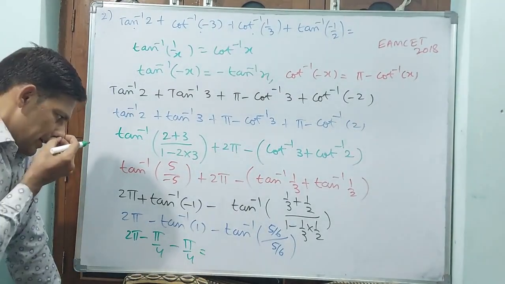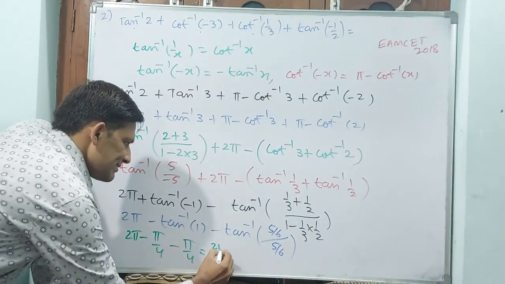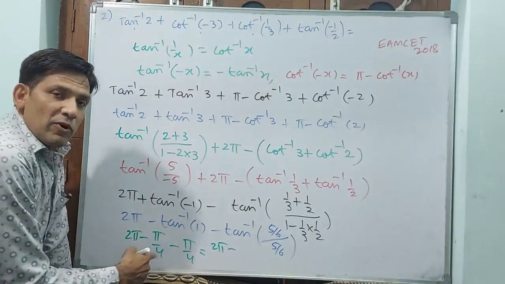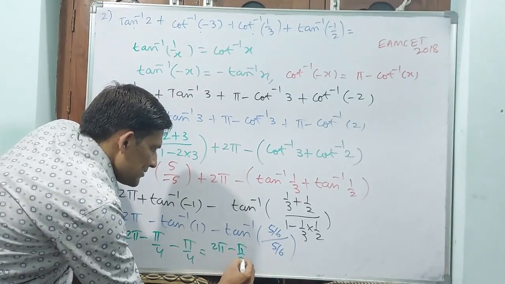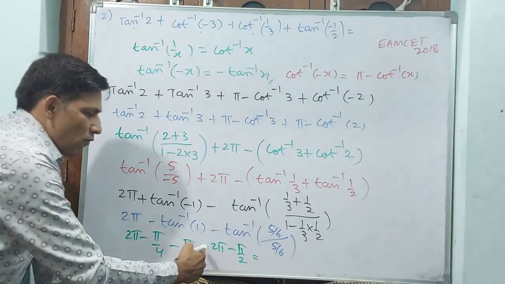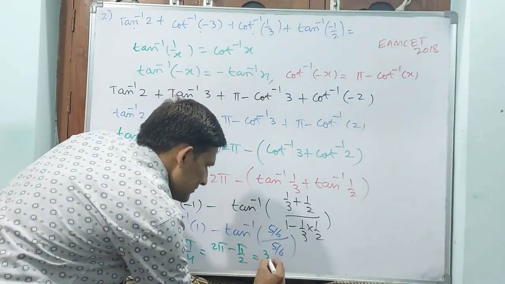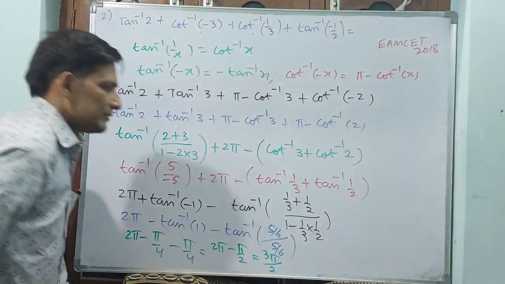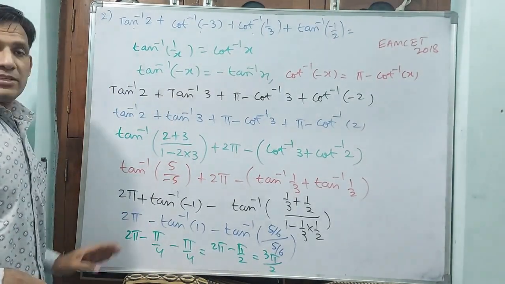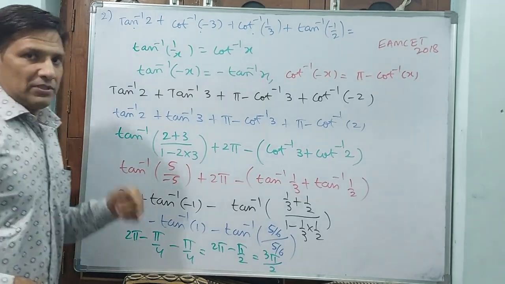Understand? See, 2 pi minus of pi by 4 plus pi by 4, pi by 2. 4 pi minus pi, 3 pi by 2. Understand this question? Let us go for the next question.